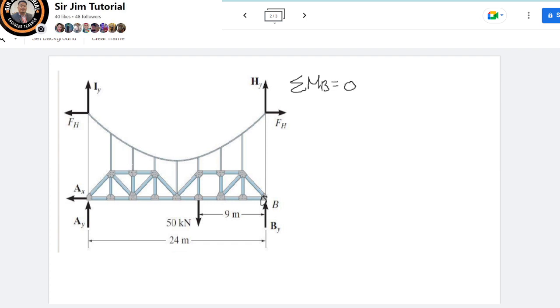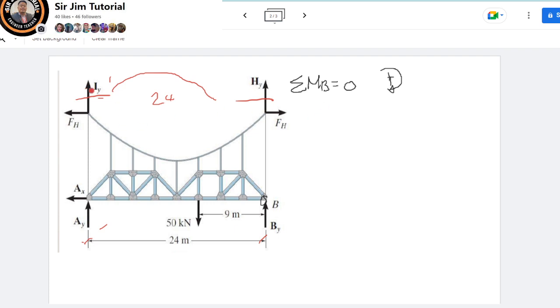First, let us say our direction clockwise is positive. As you can see here, IY and AY are going in this direction, clockwise, so the perpendicular distance is this one, 24. The same also for IY, it is also 24.